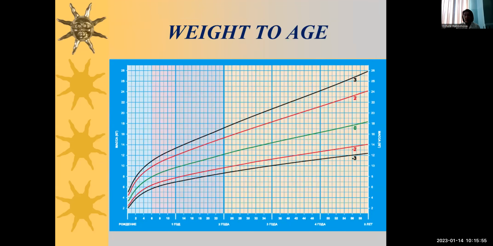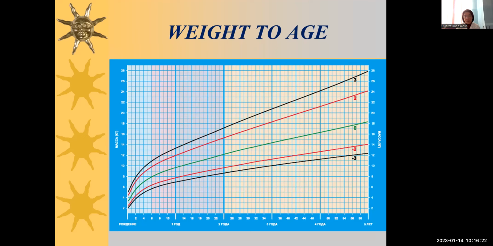We have such tables for each indicator: for weight, for height, for head circumference and chest circumference. We have age on one axis, vertical for indicators and horizontal for age.